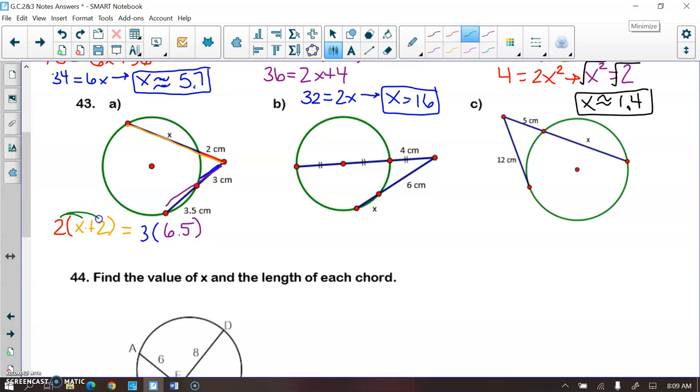So distributing the 2 in, I have 2x plus 4. And then 3 times the 6.5 comes out to be 19.5. Subtracting 4 from both sides, I get this. And dividing by 2 on both sides, I get this.